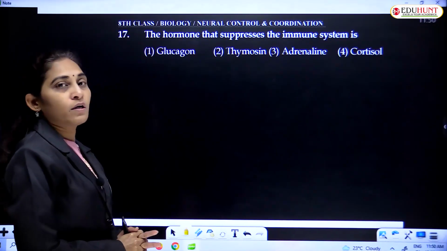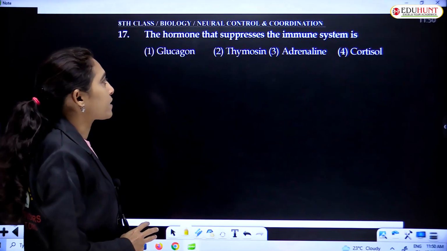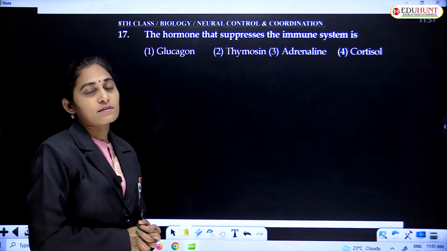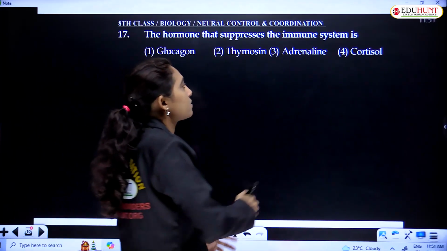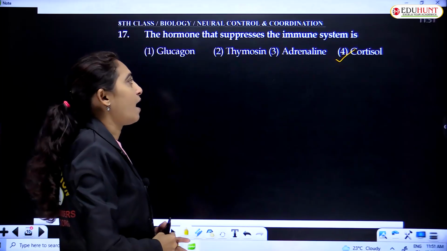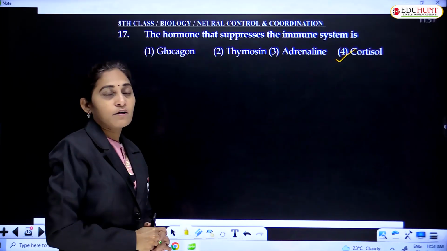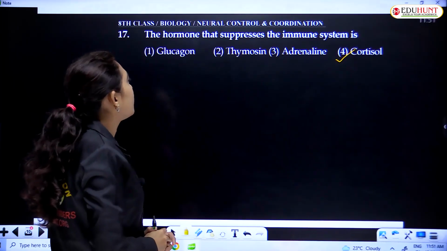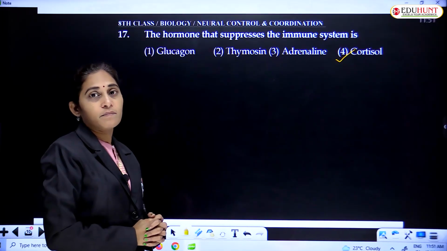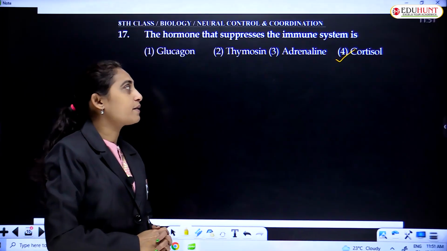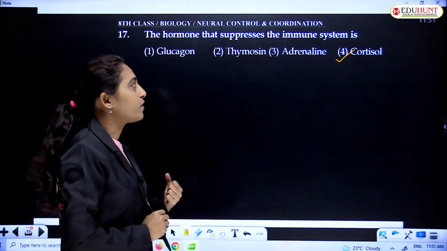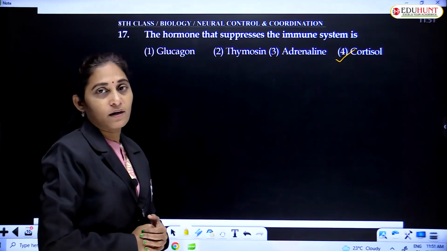The hormone that suppresses the immune system is cortisol. Actually, we have a confusion between cortisol and adrenaline, especially these two, because adrenaline is the hormone secreted by the medulla of the adrenal gland.